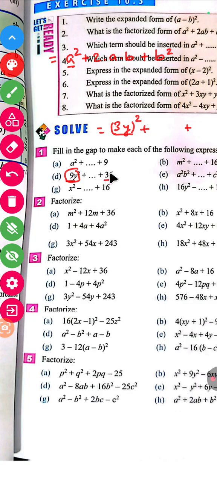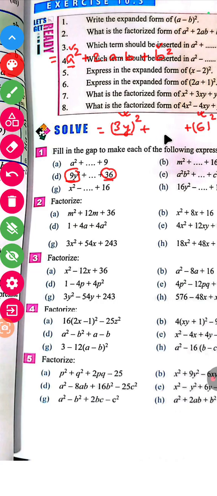Now let us see the last term. What do we have? 36. 36 is the square of 6. And the first one is a and the last one is b. So from here we came to know that 3y is our a and 6 is our b.